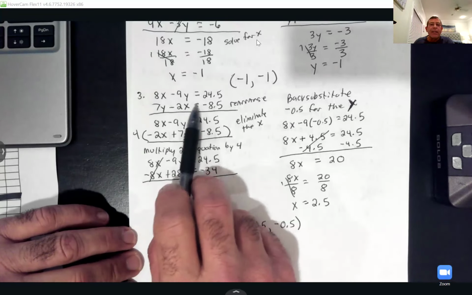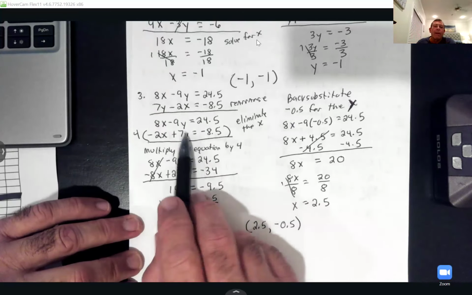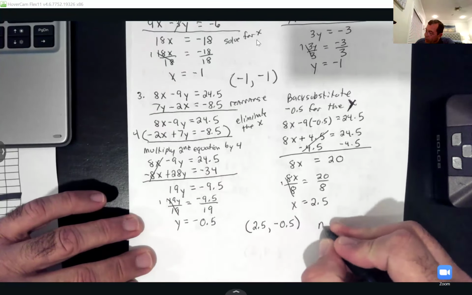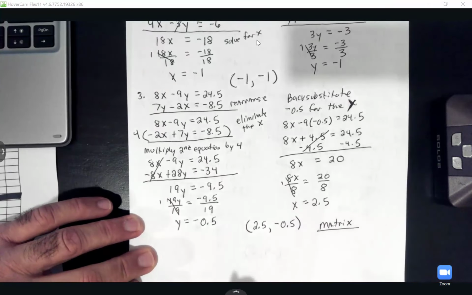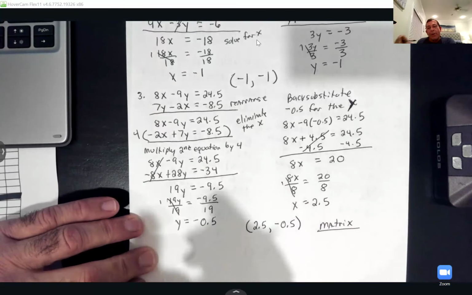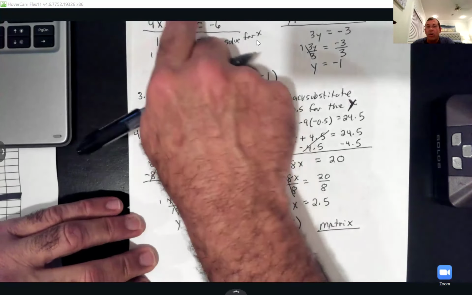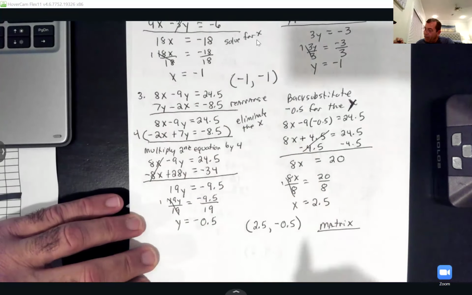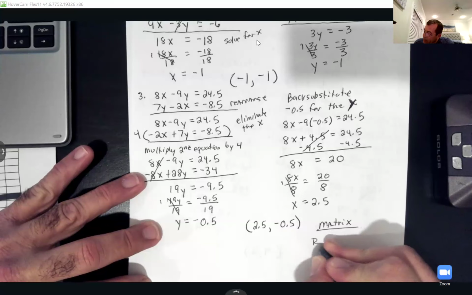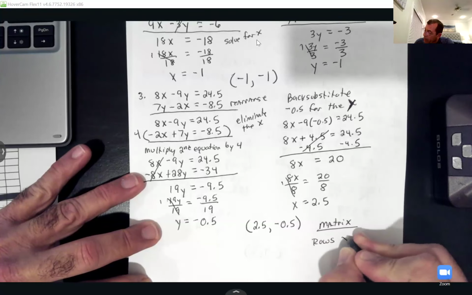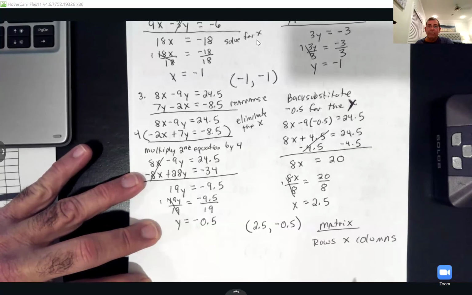So this one I just did, I'm going to show you on the calculator. Now here's the thing. On the calculator, I'm going to use what they call a matrix. When we put these into the matrix, we got to tell the matrix what size is our system of equations. So here's how you figure out the size of a matrix. It's the number of rows times the number of columns.